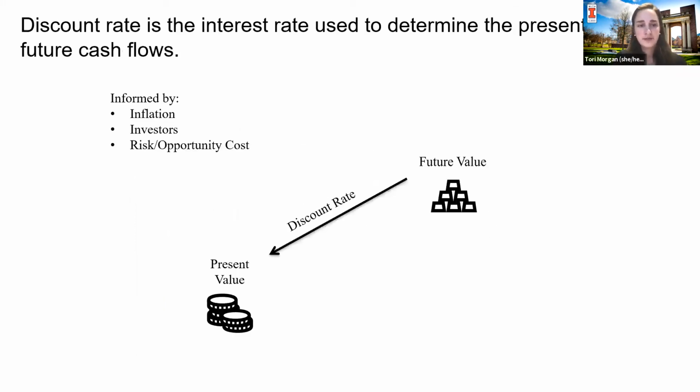Next slide. One thing I want to touch on before we get into the methods is that the discount rate is the interest rate used to determine the present value of future cash flows. This is informed by inflation. Remember how I said the value of money changes over time. It can be informed by investors, and also by risk and opportunity cost.